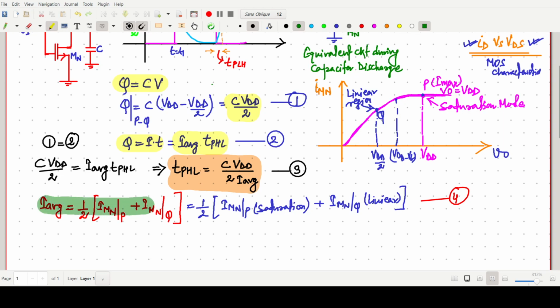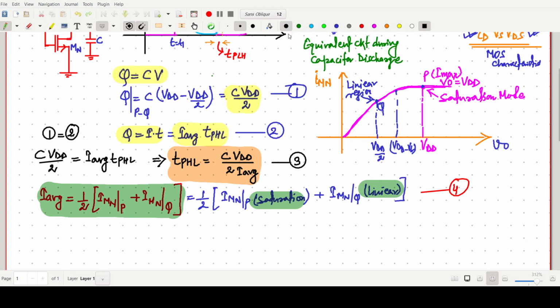I average equals half times the drain current equation of the NMOS transistor at point P plus the drain current equation of the NMOS transistor at Q. At that time it is in saturation at point P and linear at point Q. Now we have to find the drain current equation, a very simple drain current equation.